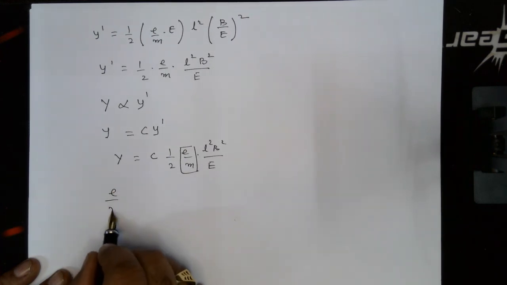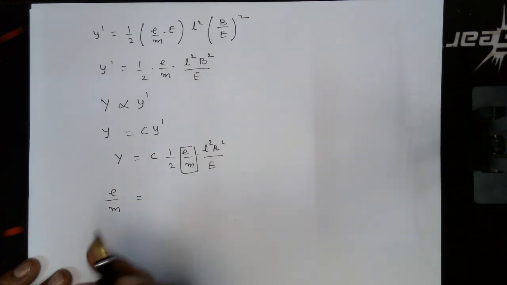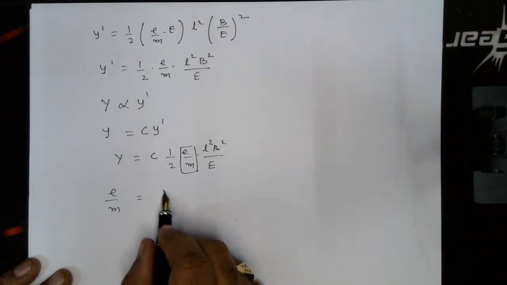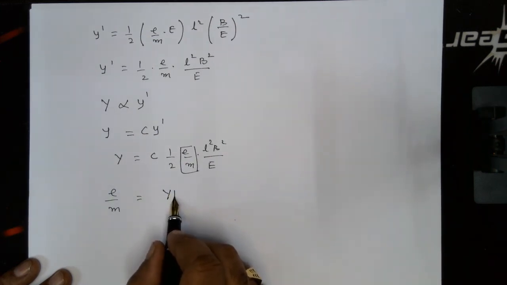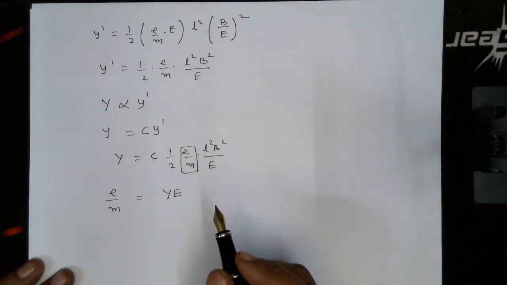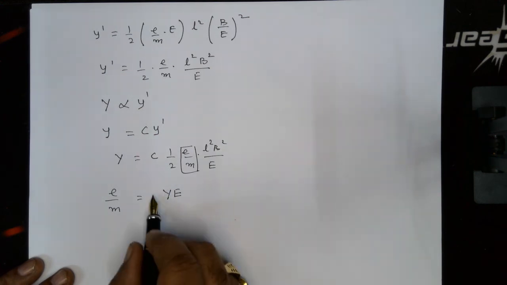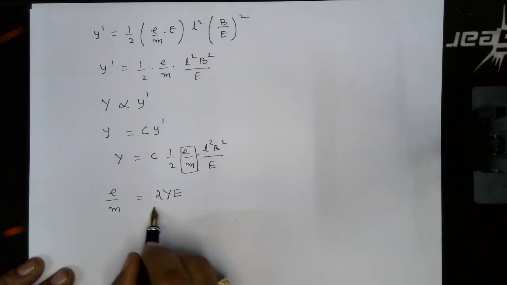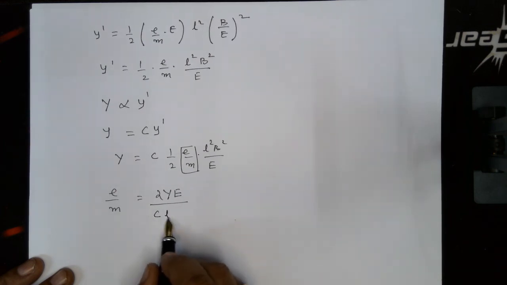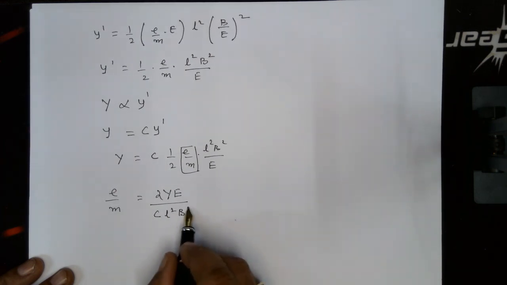So e by m is equal to, we can bring everything to this side. So y into E into 2 divided by C L squared B squared.